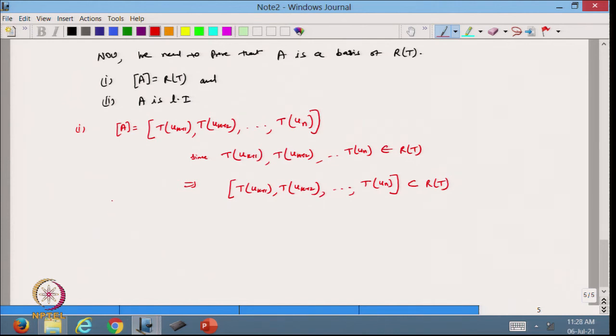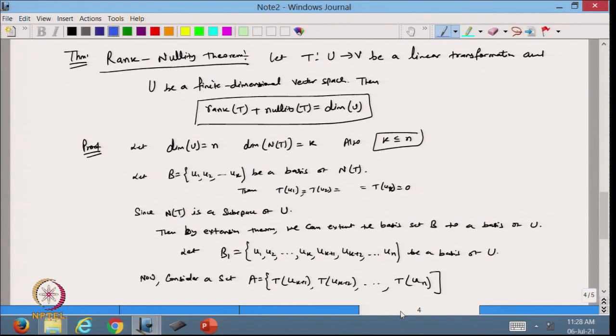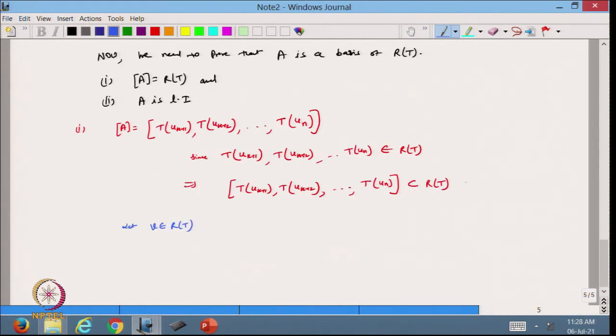So this is one way I have done it. Another way: let some v belong to R(T). So let me take a v from R(T). Then there exists some u in U such that T(u) is v.